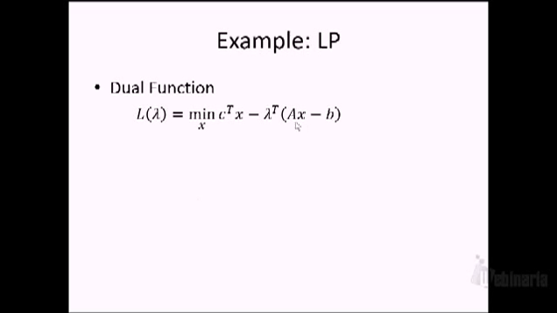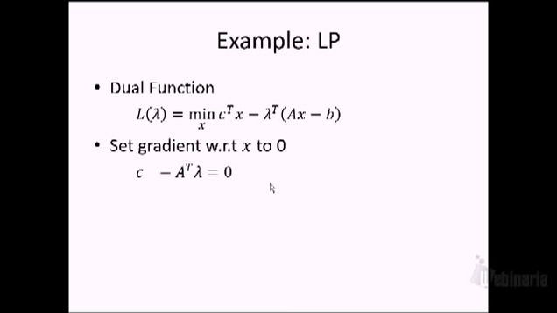Let's take the dual. We compute the dual by minimizing the Lagrangian. We compute the dual at a particular lambda by minimizing the Lagrangian with respect to x for that lambda. If we take the gradient with respect to x and set it to 0, then we simply get C minus A transpose lambda equal to 0.